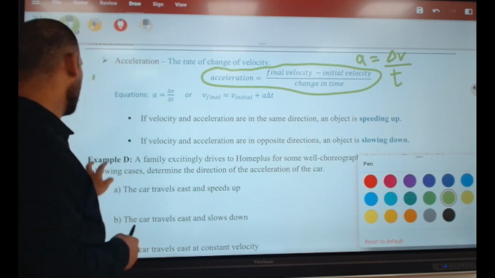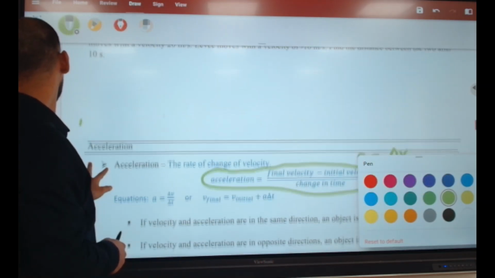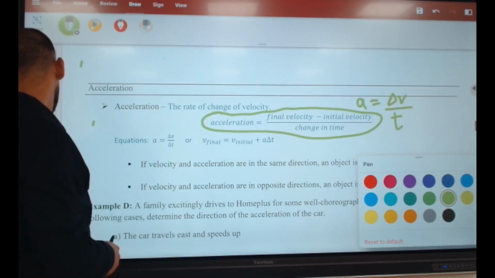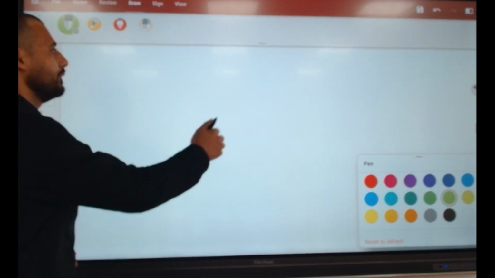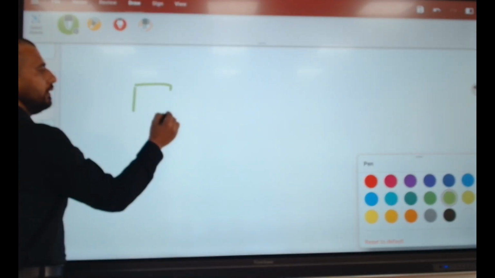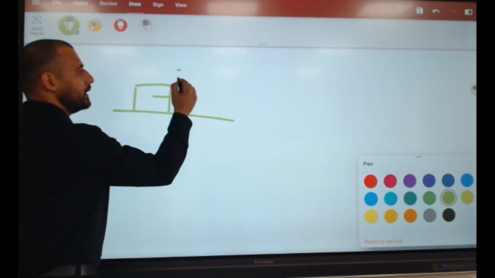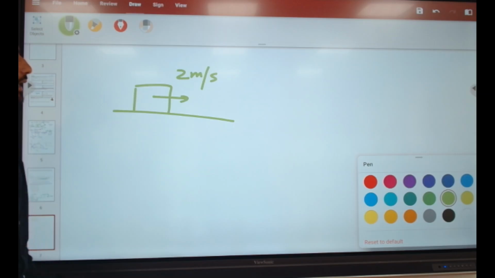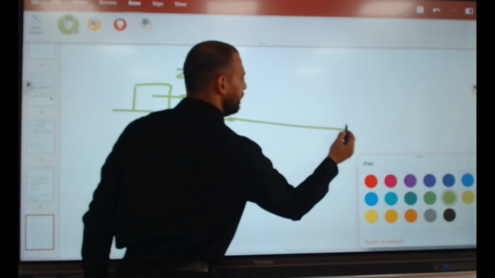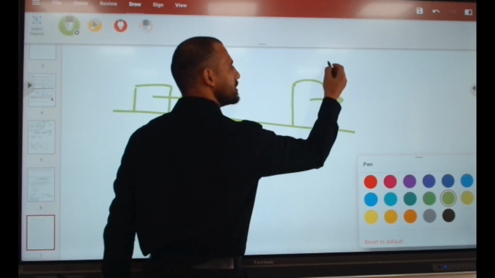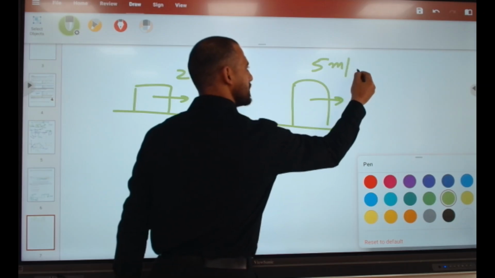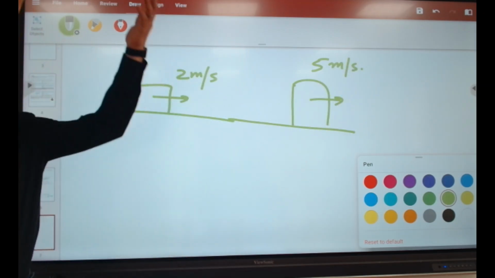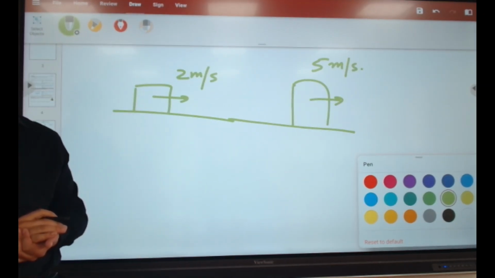See, there's a body which is going with 2 meters per second. Fine. Now, after some time, it is speeding up, and now the speed is 5 meters per second. So the speed has increased, isn't it?